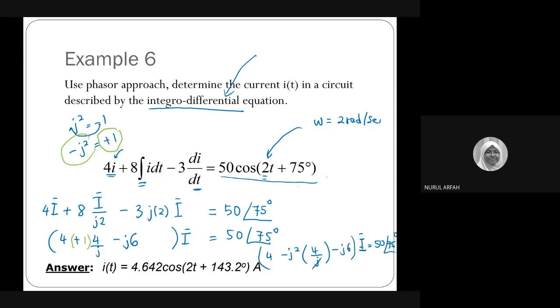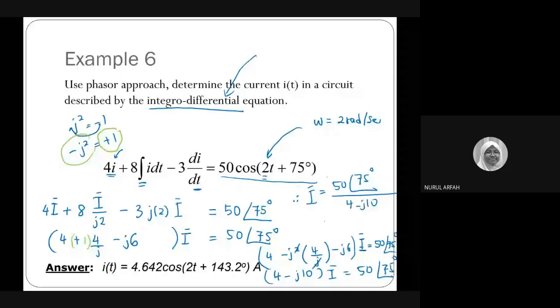Then this part and this part you can cancel out, and you will have 4 minus j4 minus j6, basically j10. And then you have the I bar equal to 50 at 75 degrees divided by 4 minus j10. And you can use your calculator.